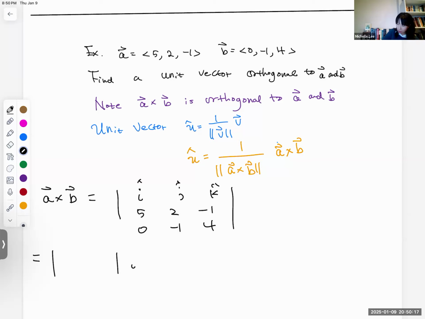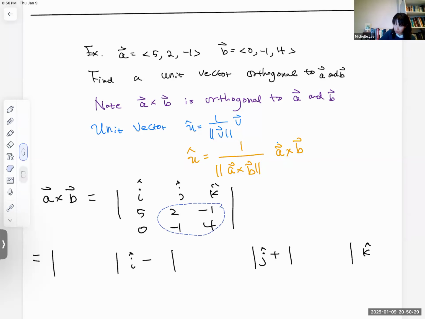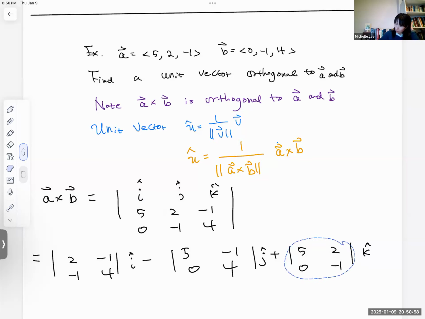For I, we use these vector components. For J, we use these components. And for K, we use these components.